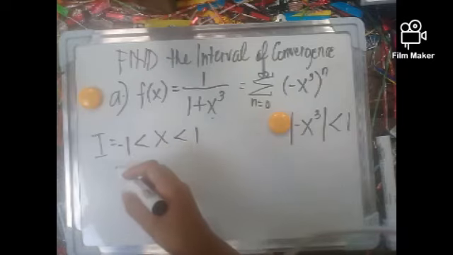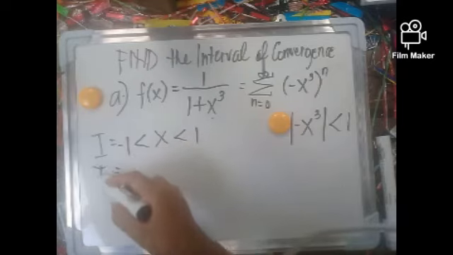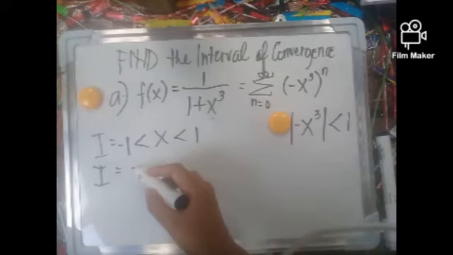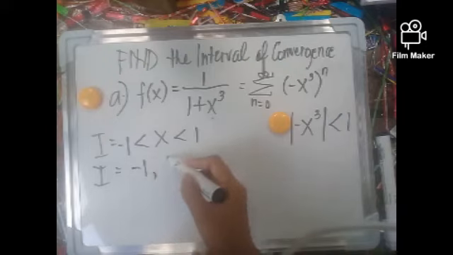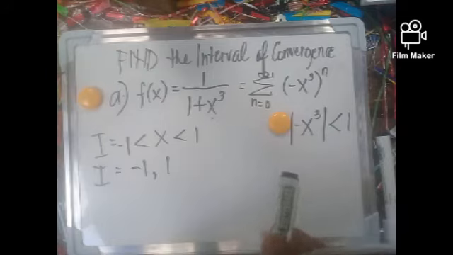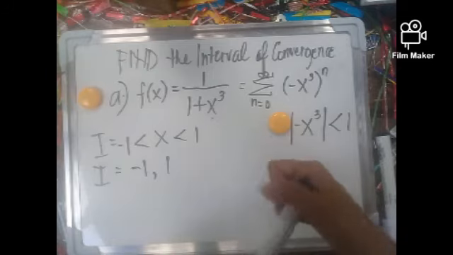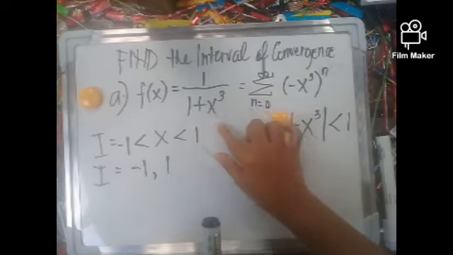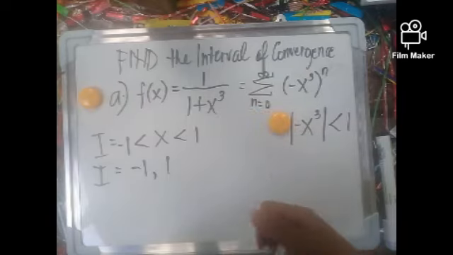So, obviously, ang ating interval of convergence is negative 1 and 1. So, the interval of convergence of this series is the same as the original series, right?